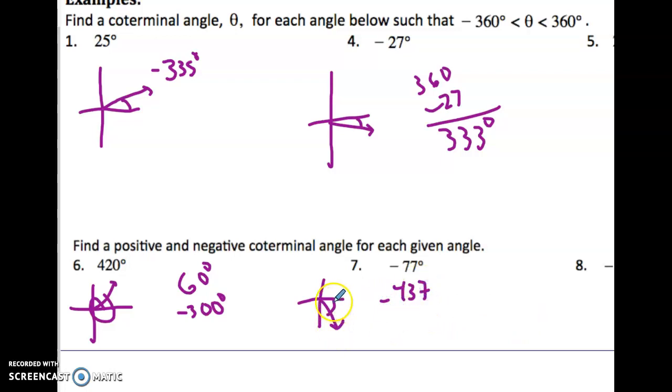Or if we're thinking in the positive direction, it'd be 360 minus the 77, 283. So two angles that are coterminal. This one's negative, this one's positive.